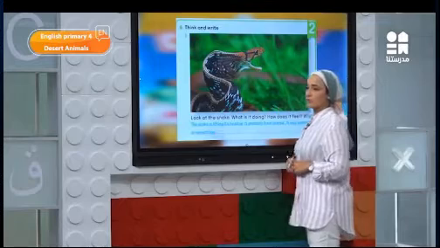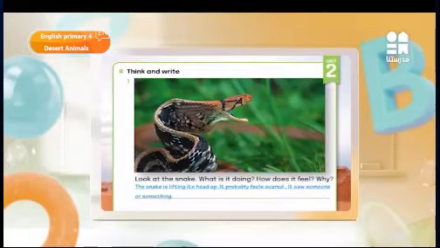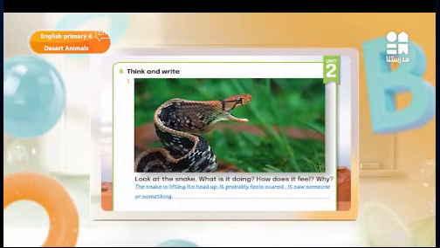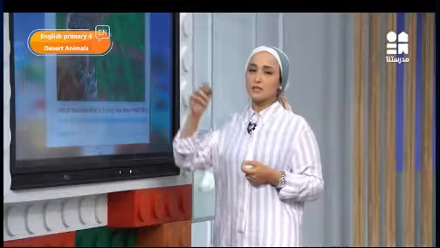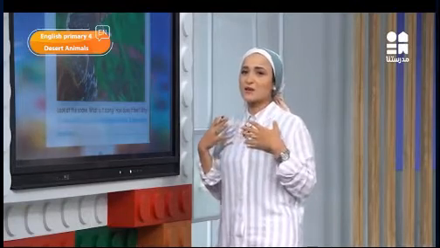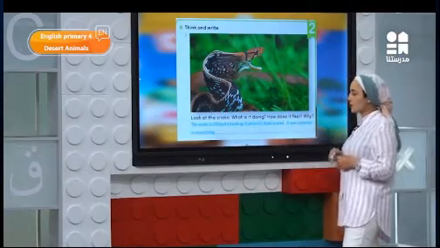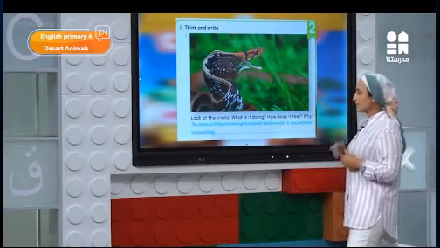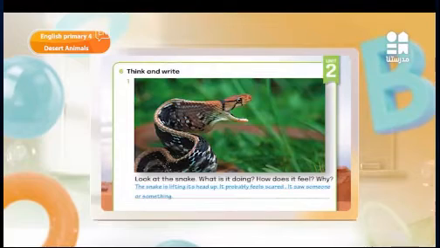Look at this picture. Wow, it's a snake. What do you think? Why is this snake lifting up its head? Look at this. Wow, it's very scary. Yeah, I feel scared sometimes from the snake. Okay, so what is it doing? Yeah, it's lifting up its head.